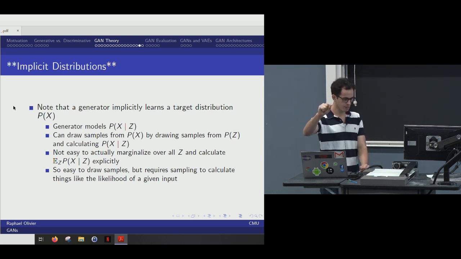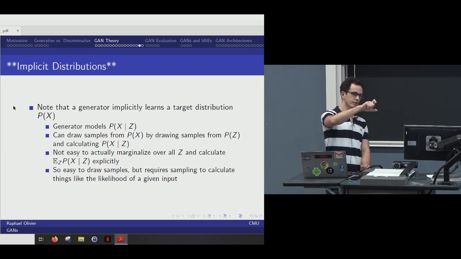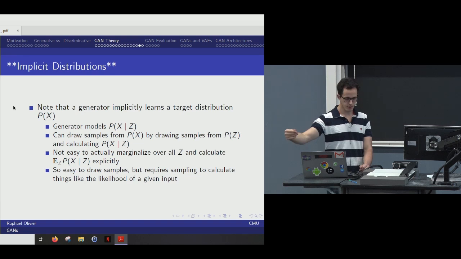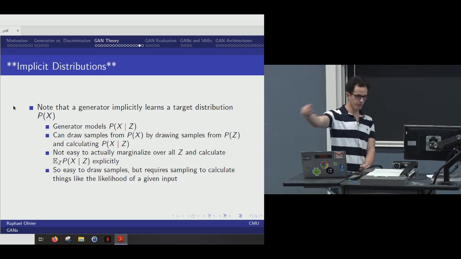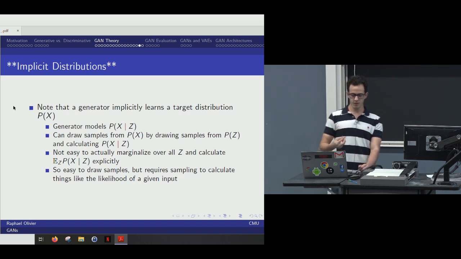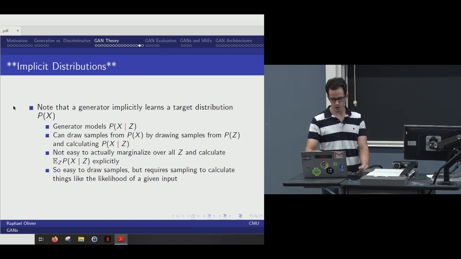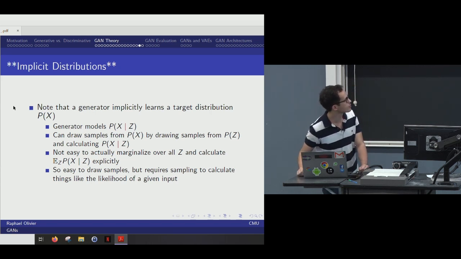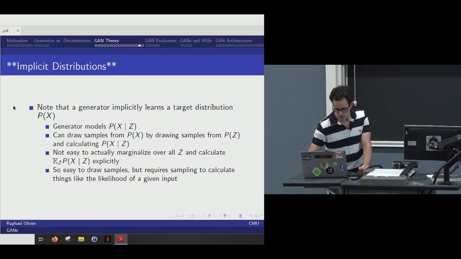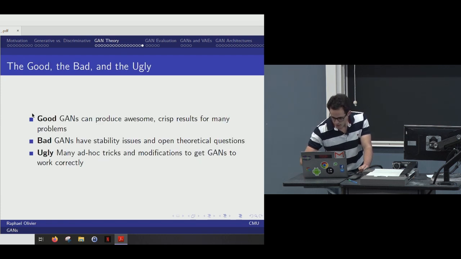Remember that I said the z, that's the input, is the latent representation of the image in the end. But the GAN actually starts with z, so you cannot go from x to z, which means GANs cannot necessarily do everything you want natively. So that's another reason why we're going to see a bunch of architectures that tend to address that problem. That's also an advantage of VAEs as opposed to GANs, like we are going to see very soon.